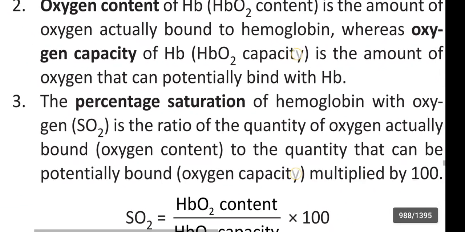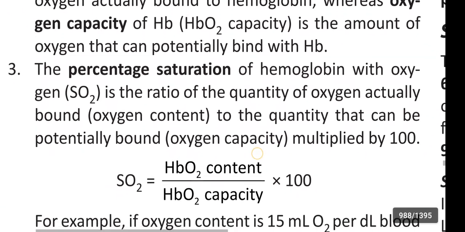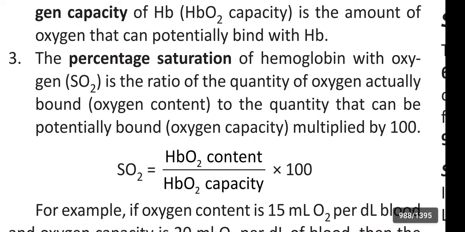Next, percentage saturation. The percentage saturation of hemoglobin with oxygen is the ratio of the quantity of oxygen actually bound to the quantity that can potentially be bound.